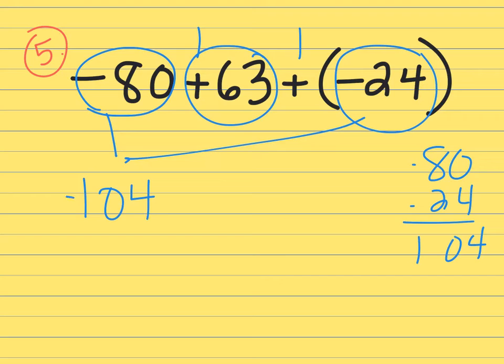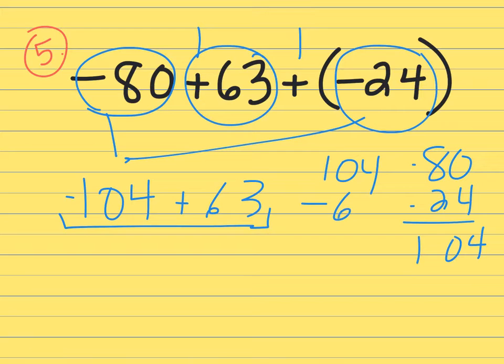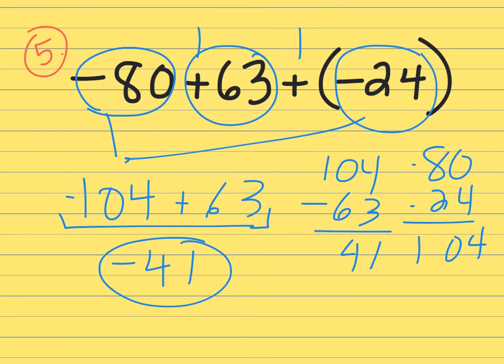So that's 104 negatives plus a 63. Now these values have opposite signs. So 104 minus 63, that's 41. So it's going to be a negative 41 because there's more value to my negative.